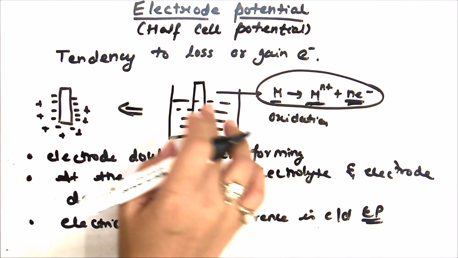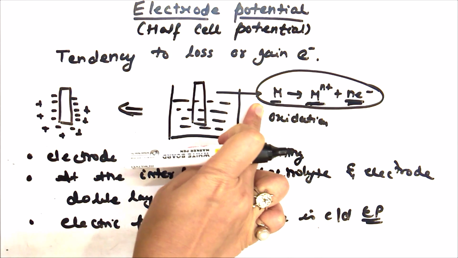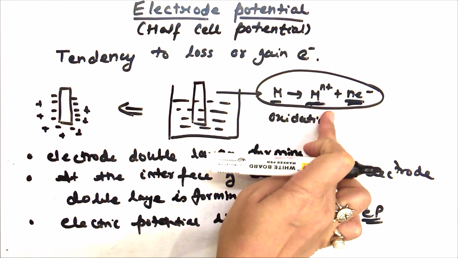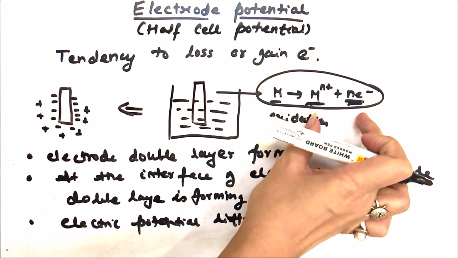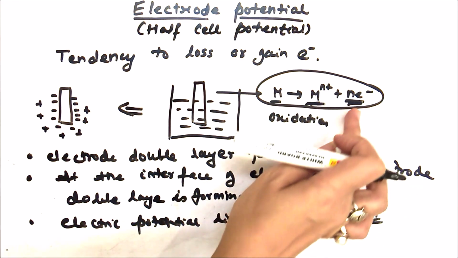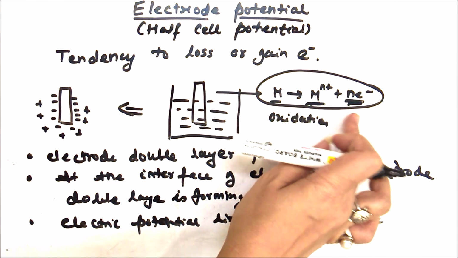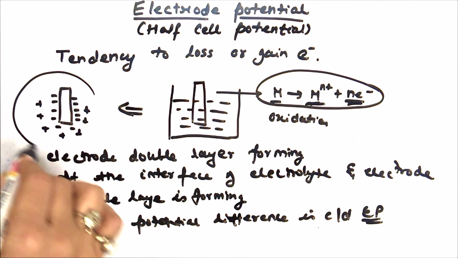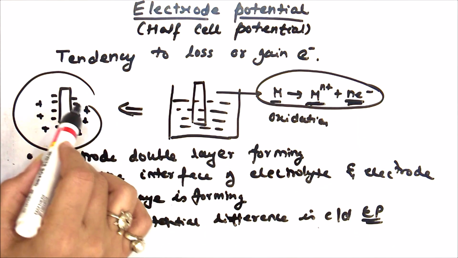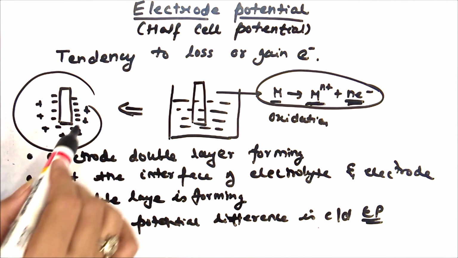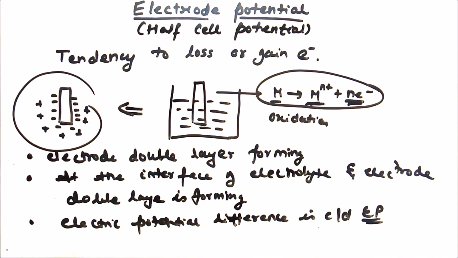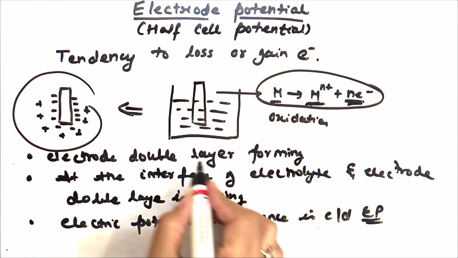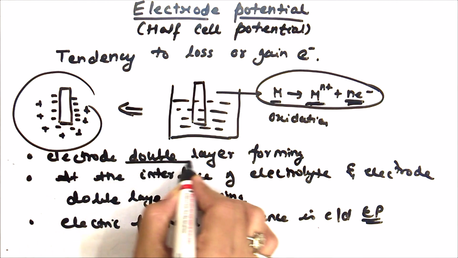Suppose this metal undergoes an oxidation reaction and forms M+, that is the metal ion, along with the loss of electrons. So this metal ion and negatively charged electrons will be arranged in such a way. Suppose this is a metal, so the negatively charged electrons will arrange in this way and just surrounding it, positively charged ions will also get attracted by the electrostatic force of attraction and they will form an electrical double layer.